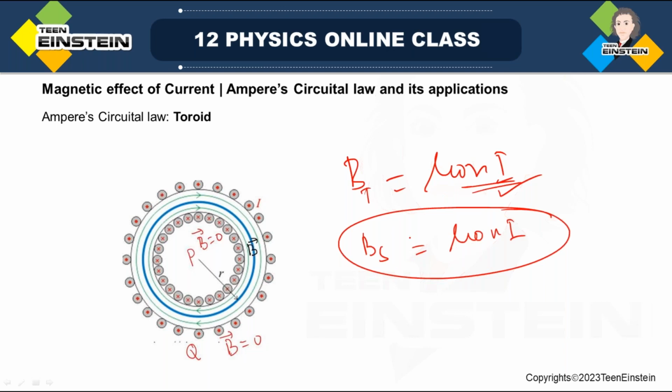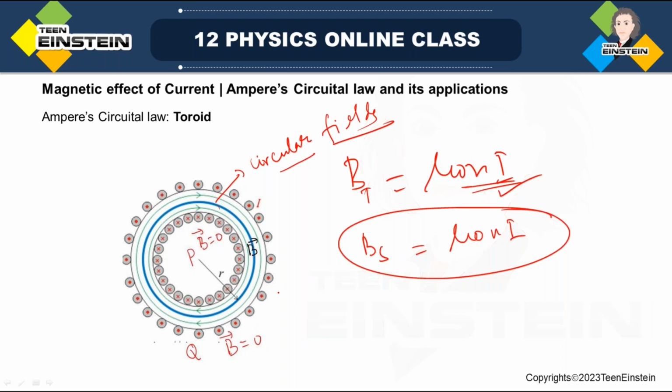Second similarity, both are producing magnetic fields. Now the differences. Here the magnetic field lines are circular. Circular field lines will be there. The magnetic fields are circular in this form, in the toroid.